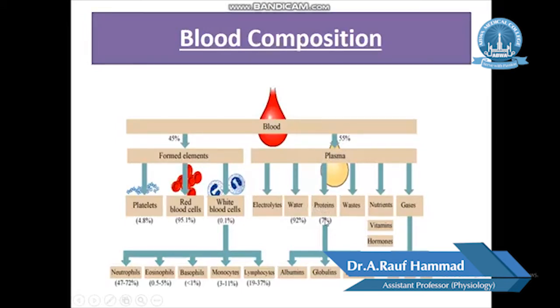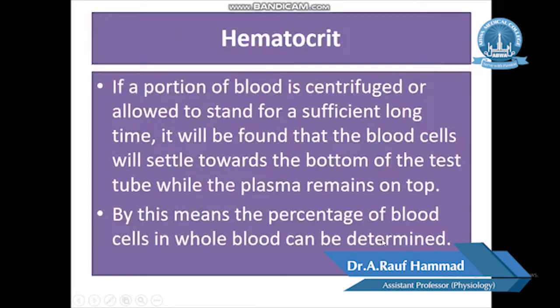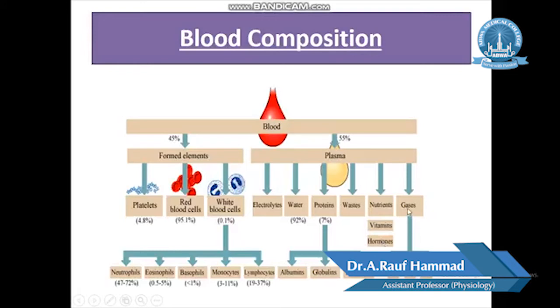The amount of proteins is 7%, water 92%, almost both these are 99%, and the remaining are the electrolytes, that is ions, cations and anions, waste products, nutrients, vitamins, hormones, chemicals, and also gases.